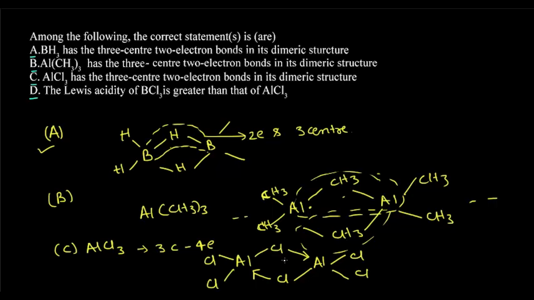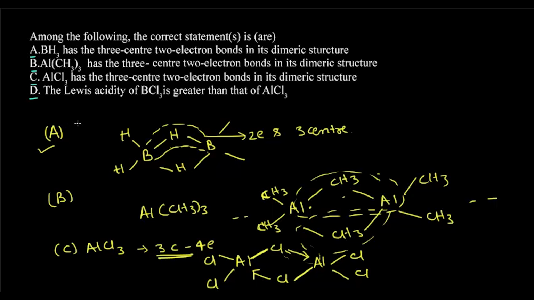So these bonds are of longer length as compared to these shorter bonds, because here complete sharing of electron takes place from the chlorine atom to the vacant orbital of aluminium atom. So this shows 3 center 4 electron bond rather than 3 center 2 electron bond.